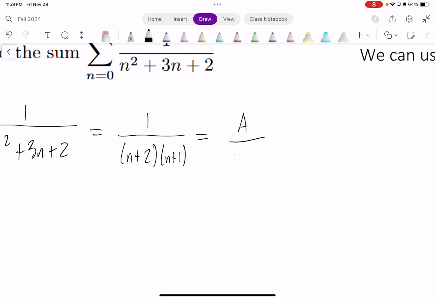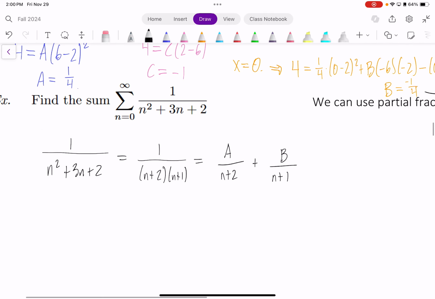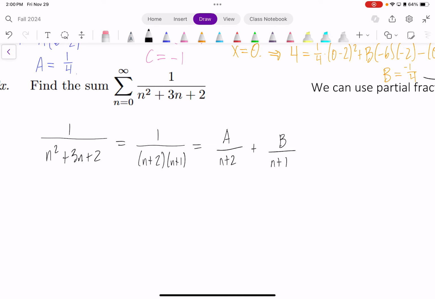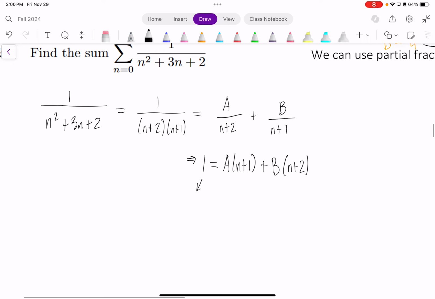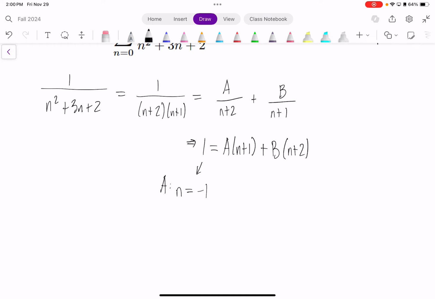So this is going to be equal to a over n plus 2 plus b over n plus 1. So if we solve, this is going to give us 1 is equal to a times n plus 1 plus b times n plus 2. Okay, so to solve for a, we set n equal to negative 2.